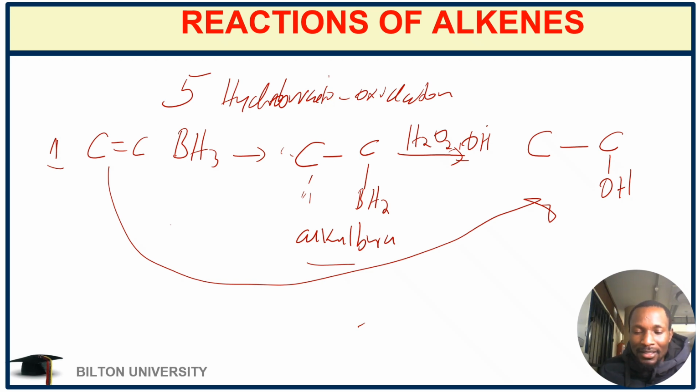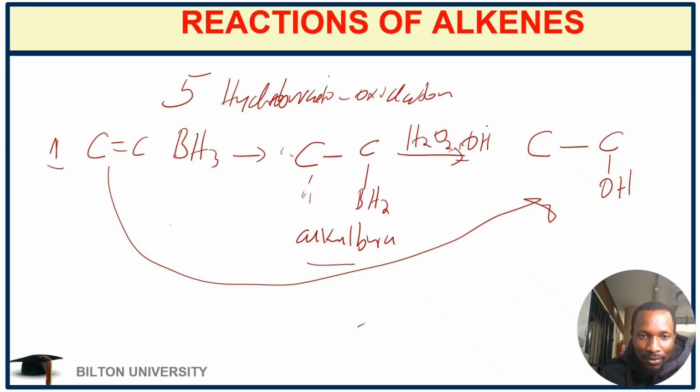Remember, this is regioselective, and in case you have other substituents on the carbon-carbon double bond, then BH will go to the least substituted carbon, and it means that our final product, which is the alcohol, is going to be formed on the least substituted carbon. So it means that hydroboration oxidation of alkenes is anti-Markovnikov.